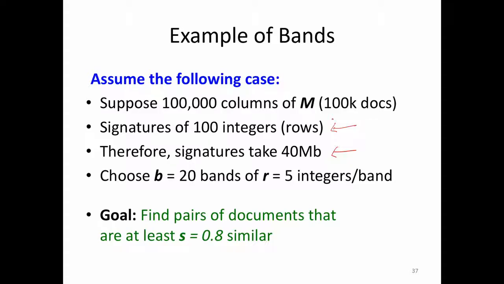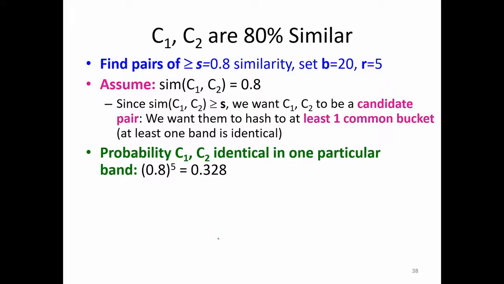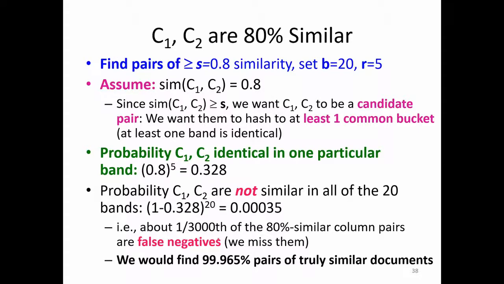Now you are asked to find pairs of documents that are at least 80% similar. So what is the idea here? Suppose the similarity between two documents is 0.8.